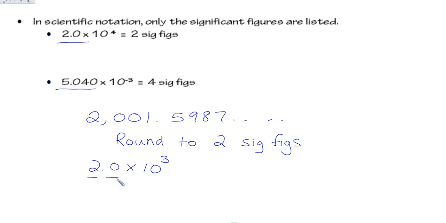Maybe we're doing some mole calculations, and as a result of the calculation, we get this giant number, but I need to round it to proper sig figs, and maybe that's less than what I have on my calculator. Scientific notation is probably your best friend in that case. Round it off to the desired amount of figures, and just leave that out in front of the 10 to the whatever power.